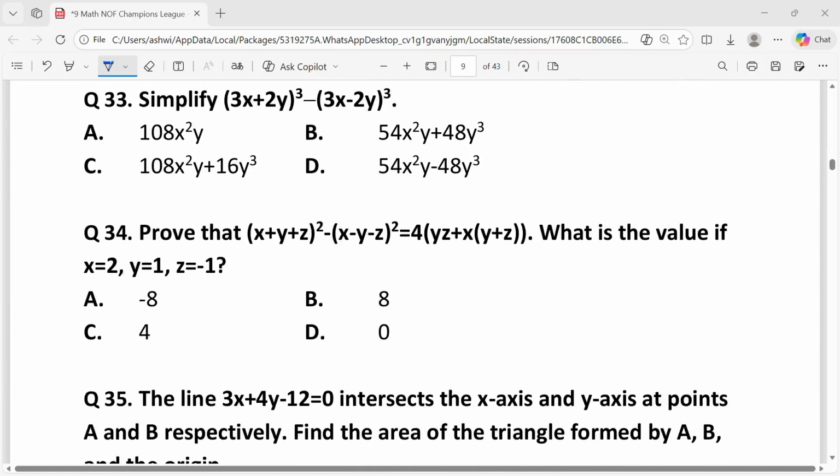Question 33. Simplify 3x plus 2y to the power 3 minus 3x minus 2y to the power 3.